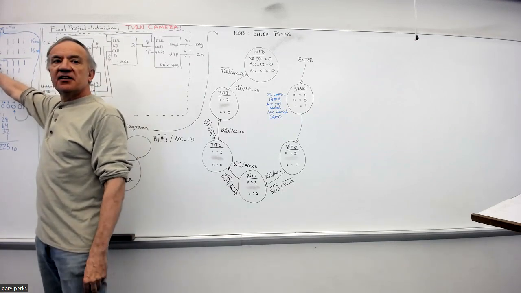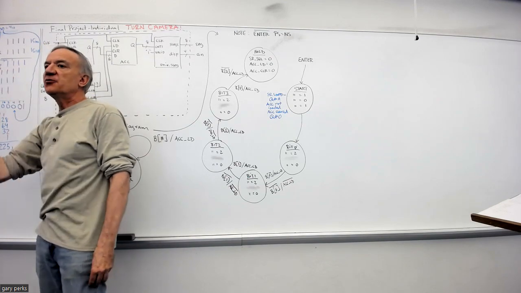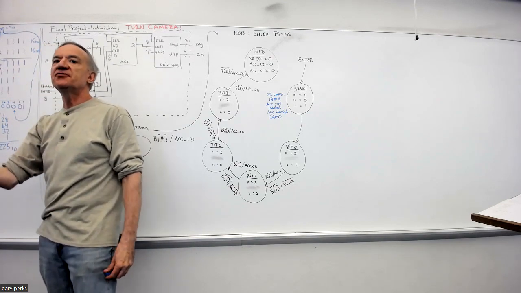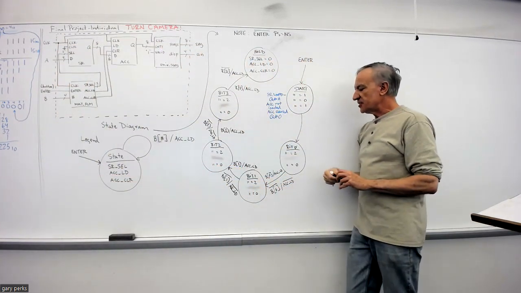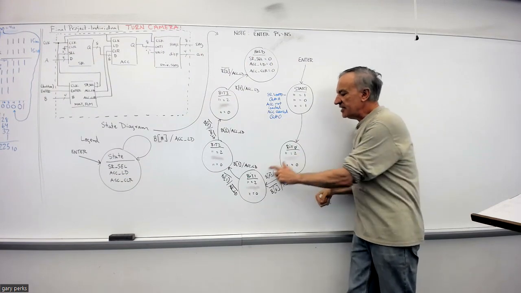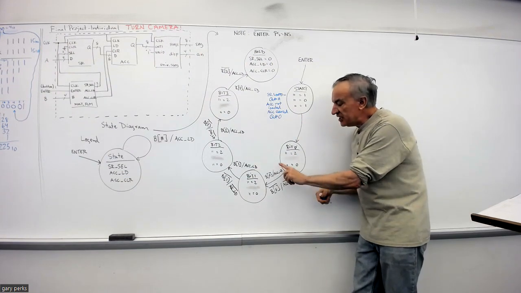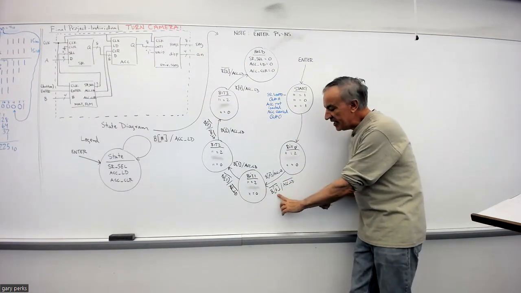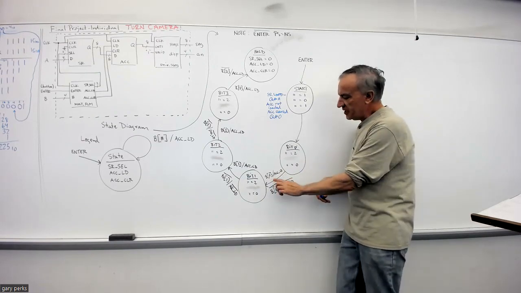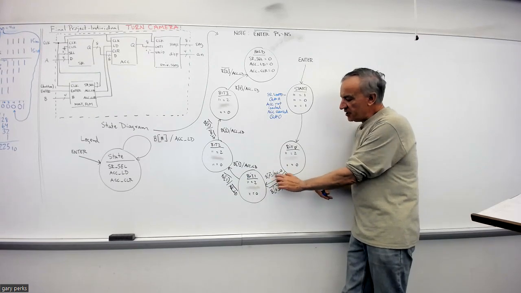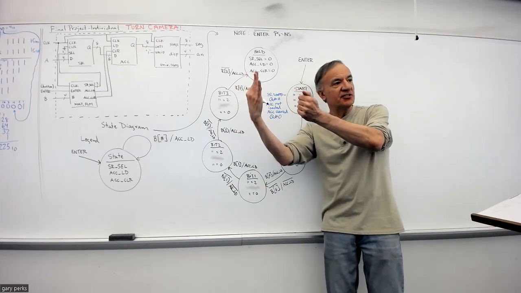But if my bit of B is a 1, I either want to add A to the total or a shifted version of A to the total. So you see what Dr. Benson does in this design, and it's the reason why it's elegant, is that in each state, she's shifting B. But she'll only use that shifted version of B if the bit is a 1. See, if the bit is a 1, we'll load the accumulator, which means we're going to use that as part of the running total.